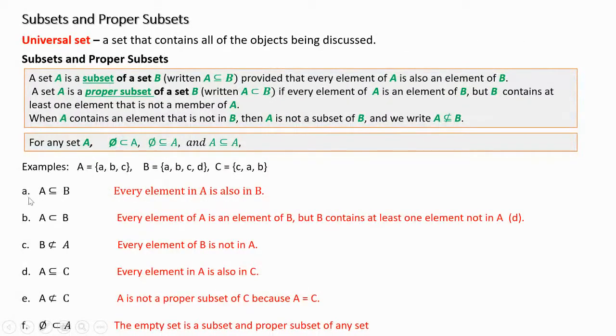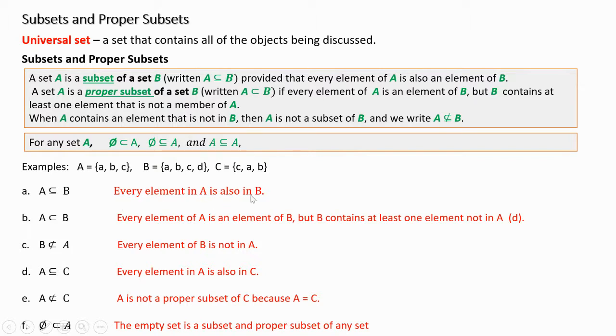So these are the rules here, guys. A is a subset of B. Check this out, look at the definition here. A is a subset of B, provided that every element of A is also in B. So is every element here, A, B, and C, also in B?